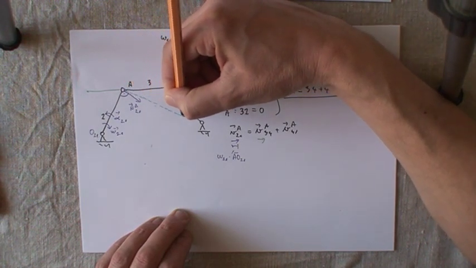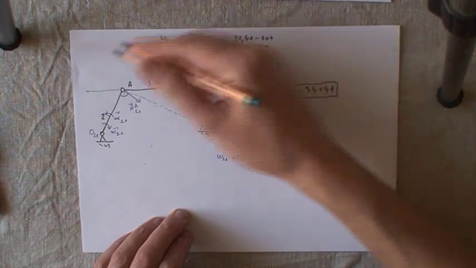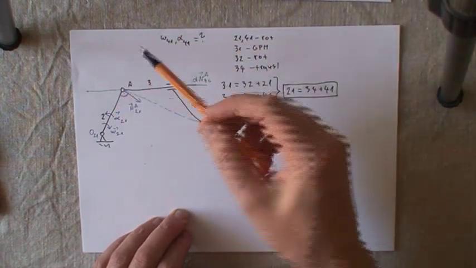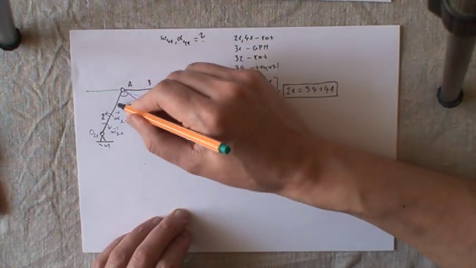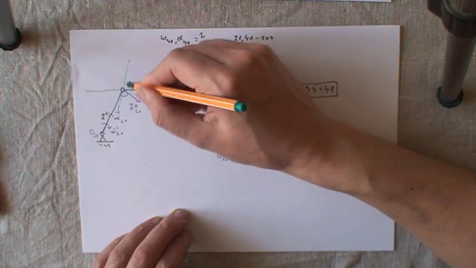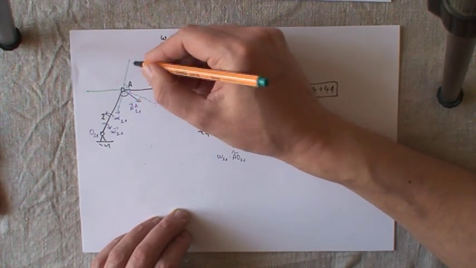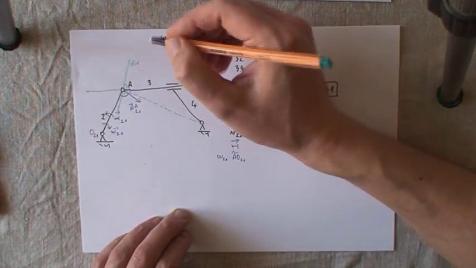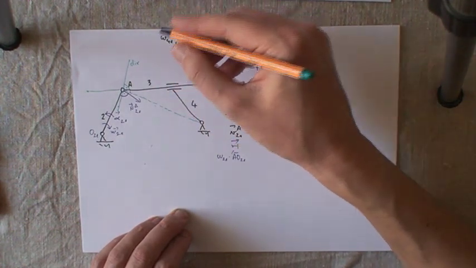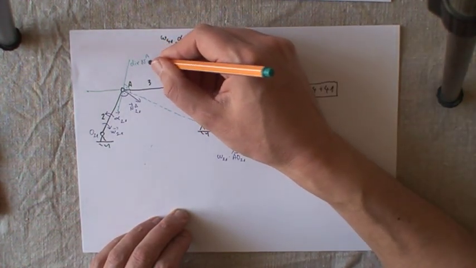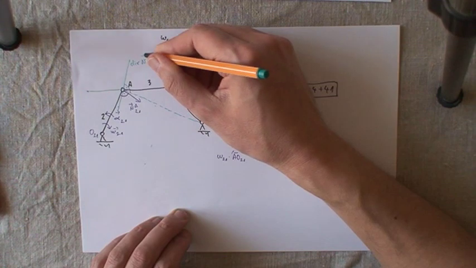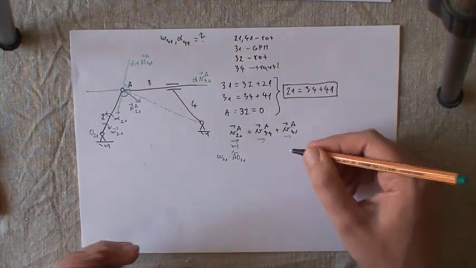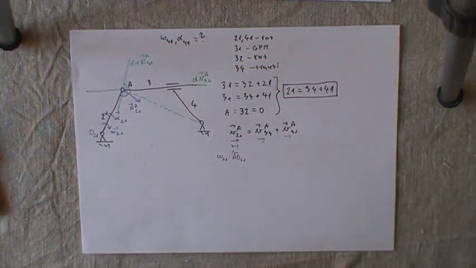So you can imagine that this body number 4 is like everywhere and it's rotating. Therefore, in here, we will have direction of VA 4,1. And we can solve this equation because we have two unknowns and it's a vector equation.